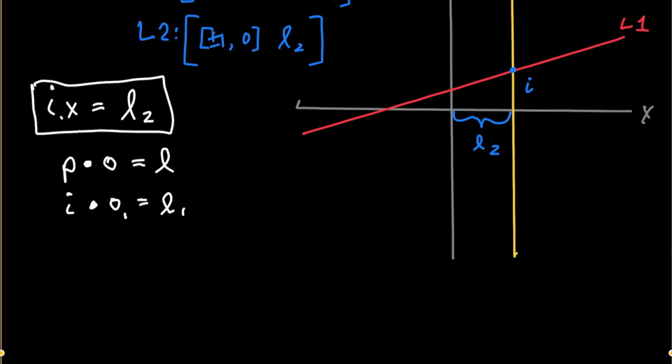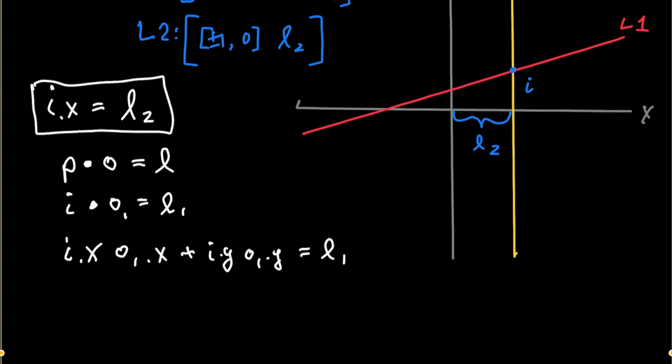What we're going to get is I x-coordinate times O1 x-coordinate plus I y-coordinate times O1 y-coordinate equals L1.